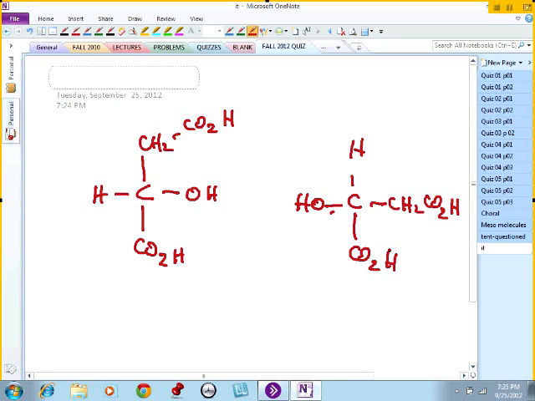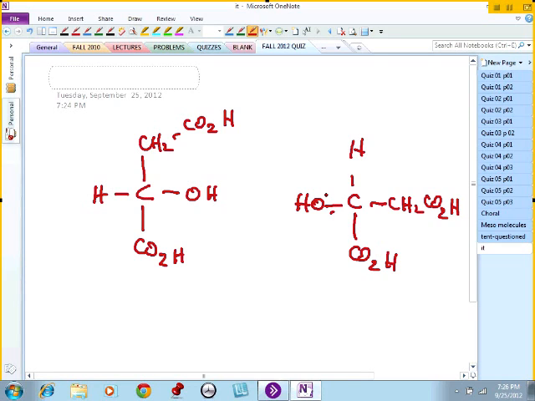The only way you could tell whether they are the same or not is to assign absolute configuration. You cannot just look at it and say they are the same or they are different. I will ask you, what is the relationship between them? If this is R and this is S, and you know that they are stereoisomers, what are you looking for? To make sure they are stereoisomers, they must have the same molecular formula and the same attachment.